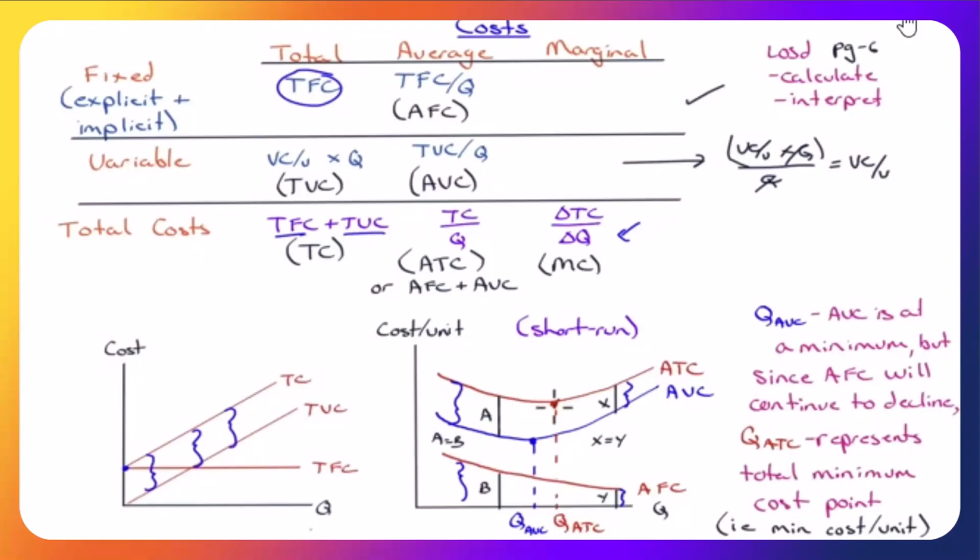That is, it's the minimum cost per unit, and it happens on the average total cost curve, not the average variable cost curve. These 2 points are going to become important very shortly, so you must recognize that relationship. Average variable costs will bottom out before average total costs will bottom out, because average fixed costs will still be decreasing as we increase our quantity.